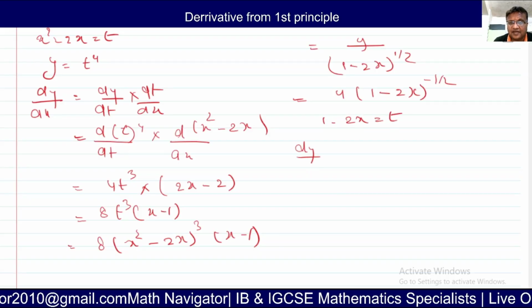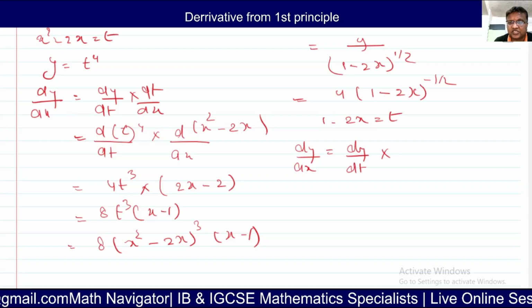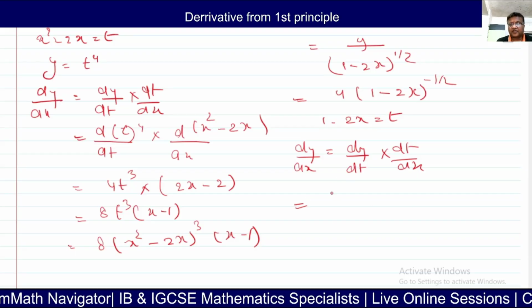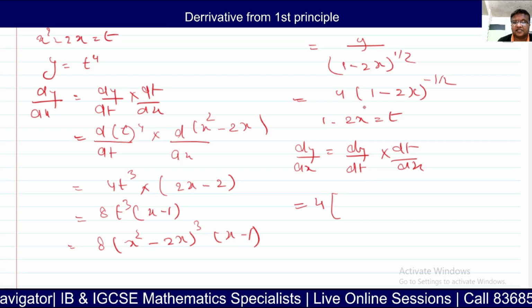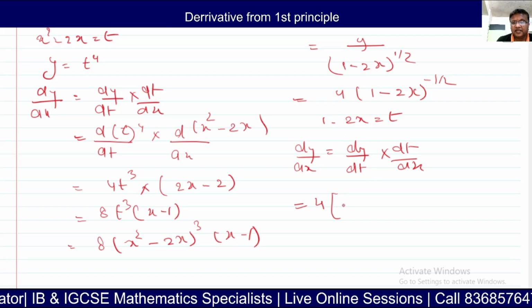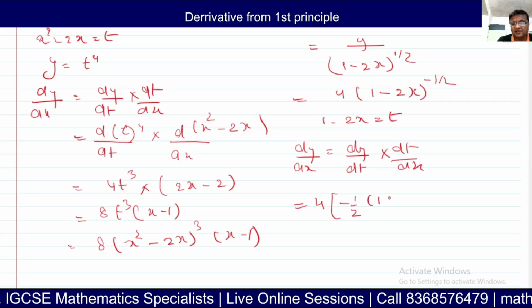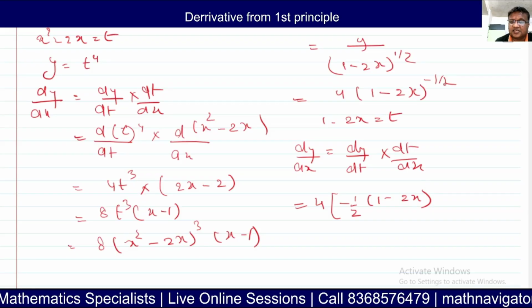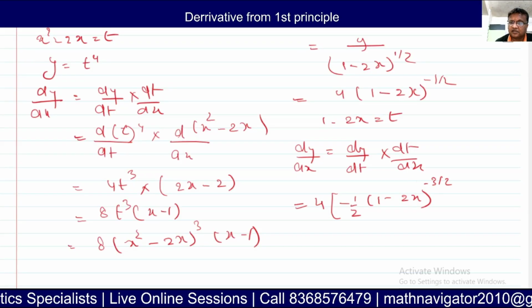So dy by dx is equal to dy by dt times dt by dx, which will give me 4 times dy by dt is negative half times (1 minus 2x) to the power minus half minus 1, which is minus 3 by 2, right?